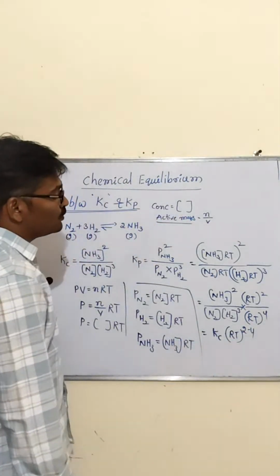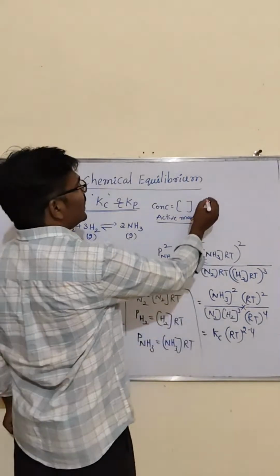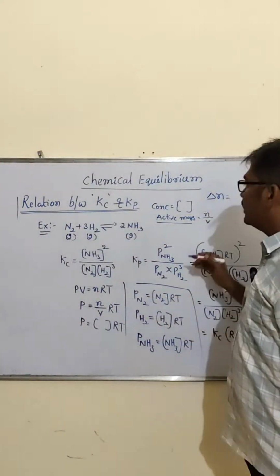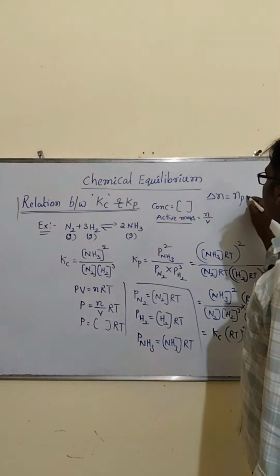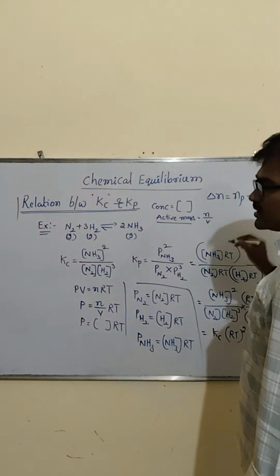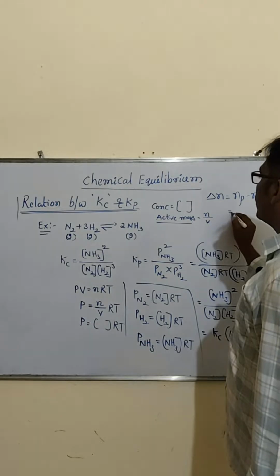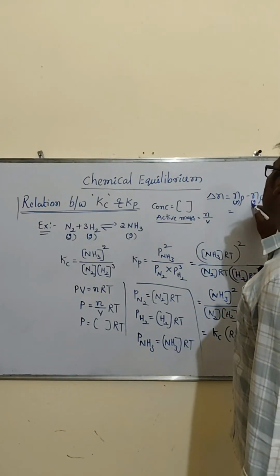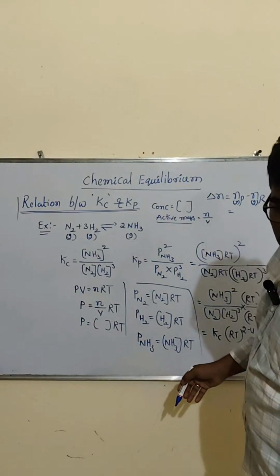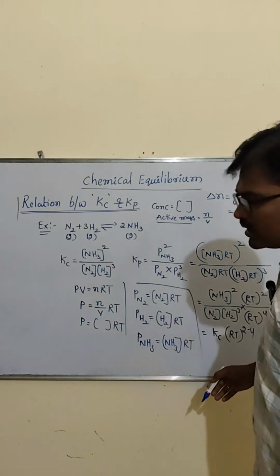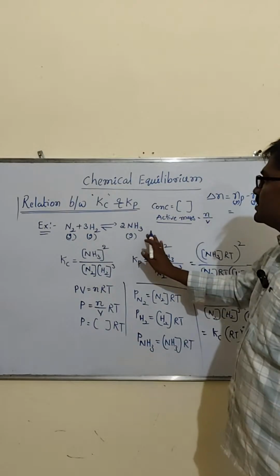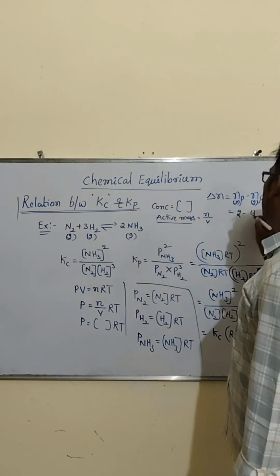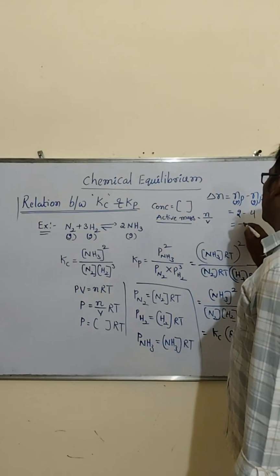So 2 minus 4, it is actually the delta n value. Delta n equals the number of moles of products minus the number of moles of reactants, right? Remember, these are gaseous products and gaseous reactants. The number of moles of gaseous products is 2, then gaseous reactants 4, so you get minus 2.